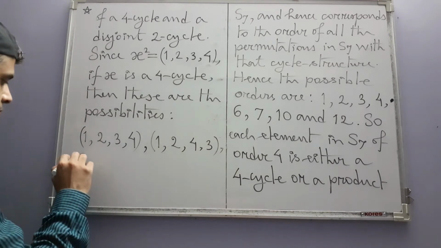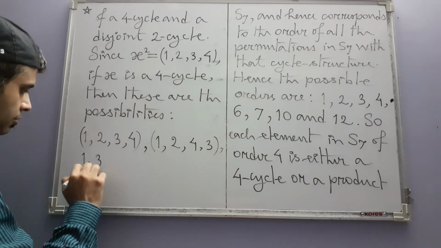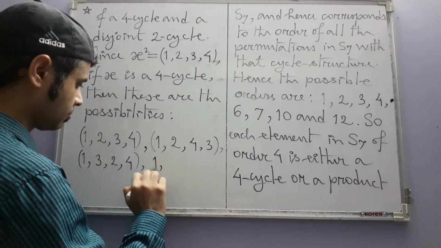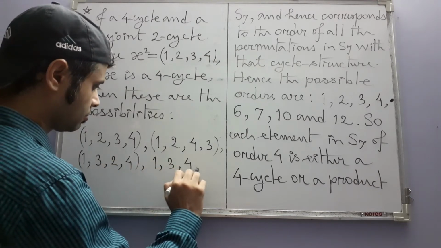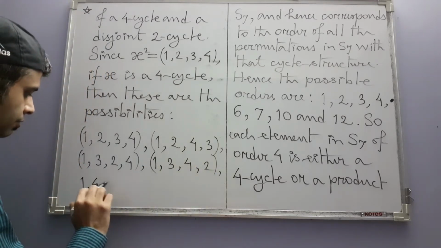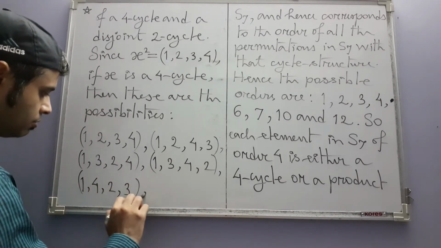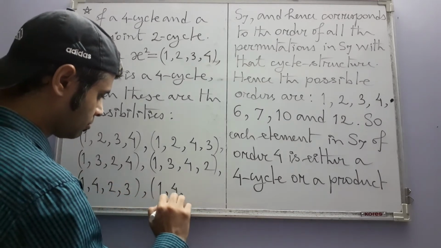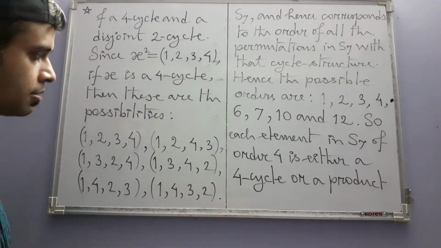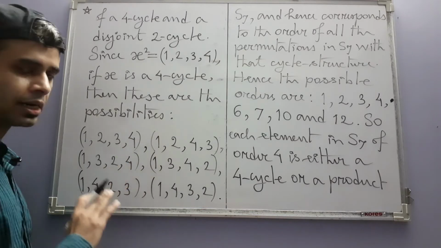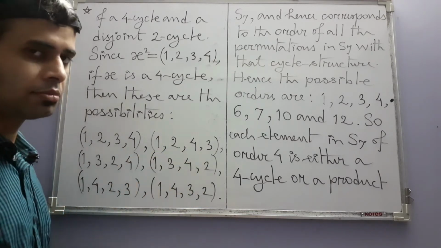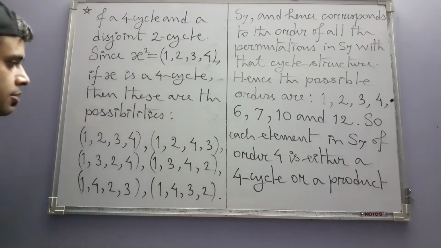Then 1, 3, 2, 4. 1, 3, 4, 2. Then 1, 4, 2, 3. 1, 4, 3, 2. Why are there 6? That is because we have kept one of them fixed and we are permuting the others. There are 3 remaining, so 3 factorial is 6.